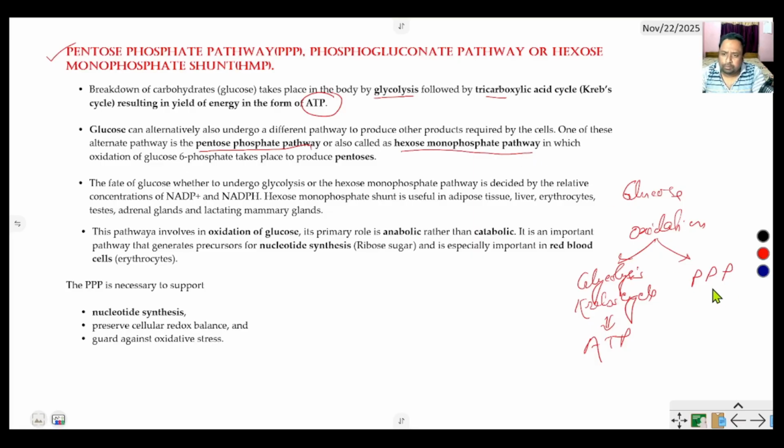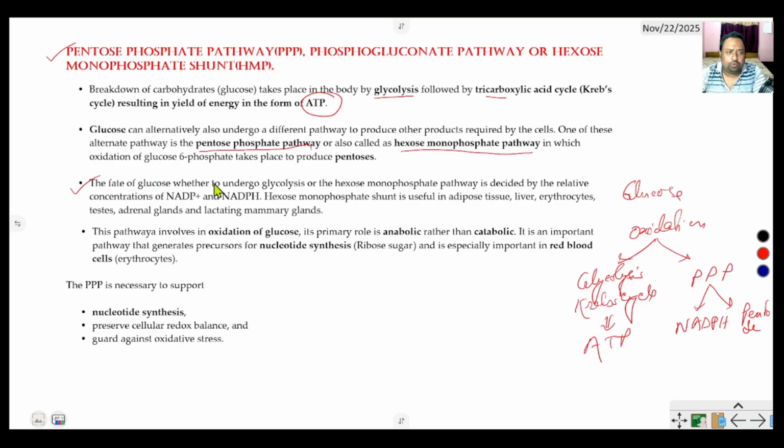The main purpose of this pathway is to produce NADPH and pentose sugar, and also other derivatives like glyceraldehyde 3-phosphate, erythrose 4-phosphate, fructose 6-phosphate, etc., that are used in glycolysis.